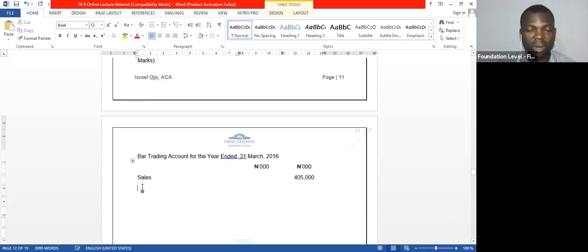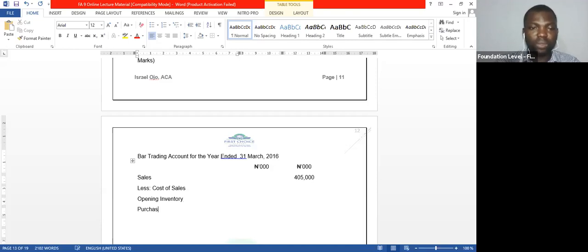So now we need to less our cost of sales. What are the components of cost of sales? The first one is the opening inventory. The second one that we have is purchases.